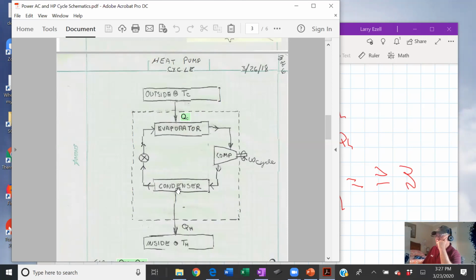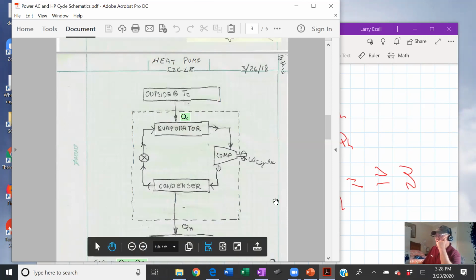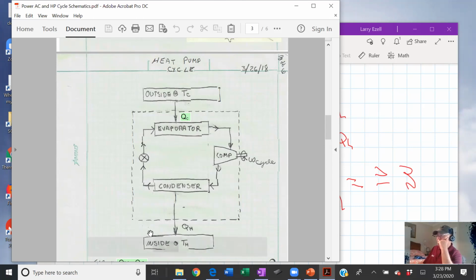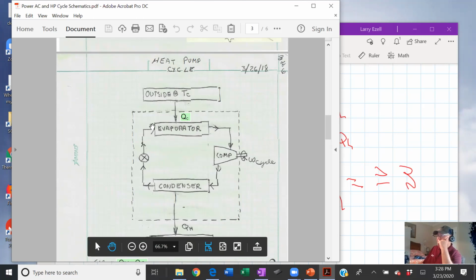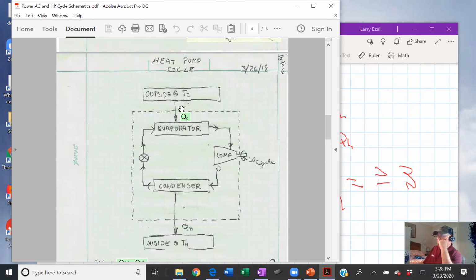And so we condense it here. So this is a hot vapor condenser, and it's giving off heat. That's why it now performs a heating function inside your house. Now, we didn't change a thing except reverse the flow of the refrigerant. On the outside of the house, here's the evaporator we used in a refrigeration circuit. It still does the same thing.